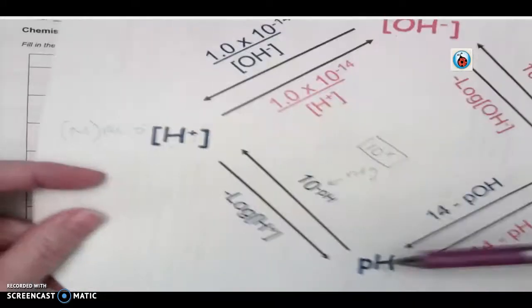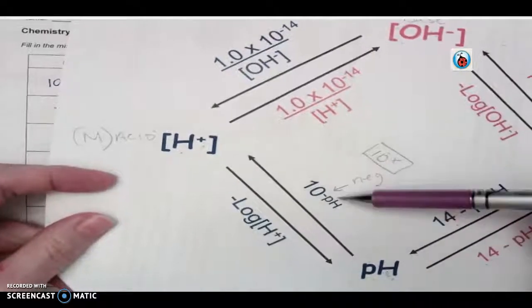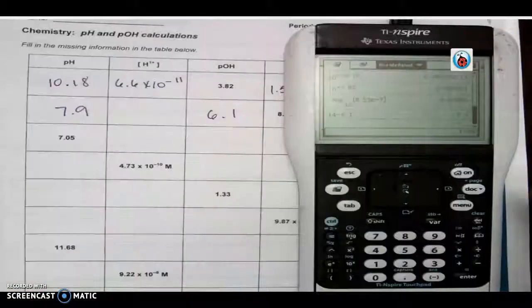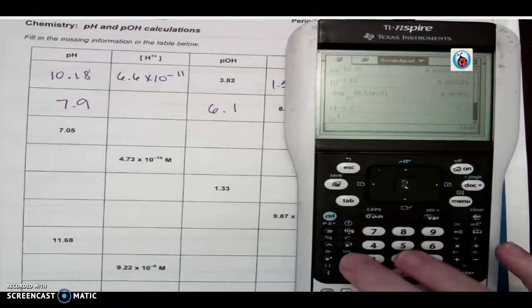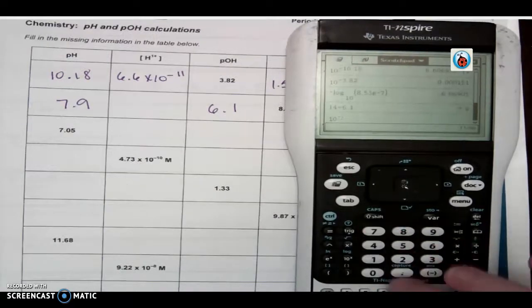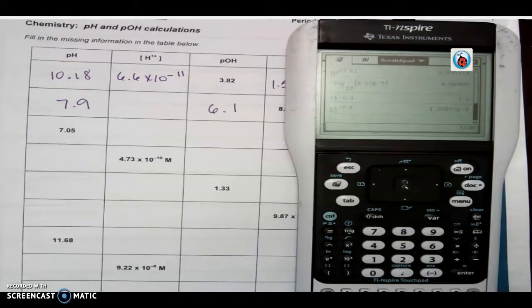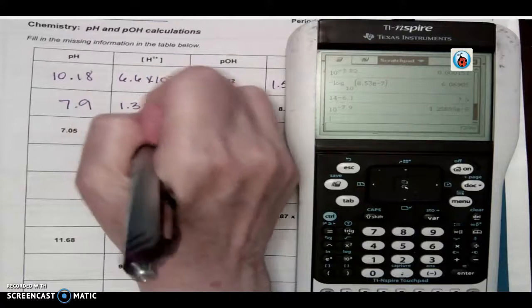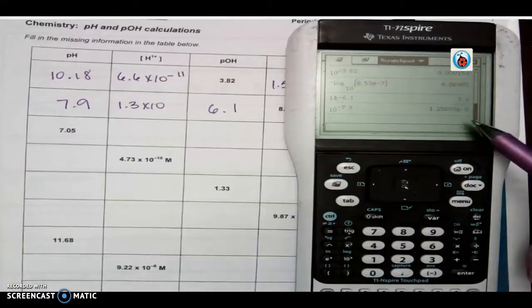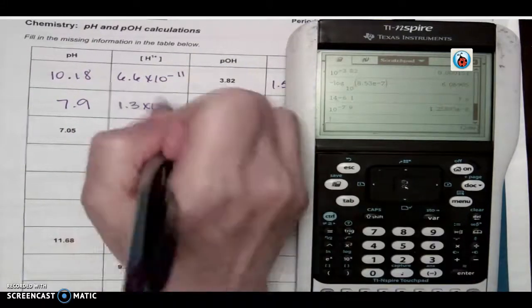I'm going to go from pH to H. So I'm going to take 10 to the negative 7.9. Anti-log negative 7.9. Enter. 1.3 times 10 to what? The negative 8.